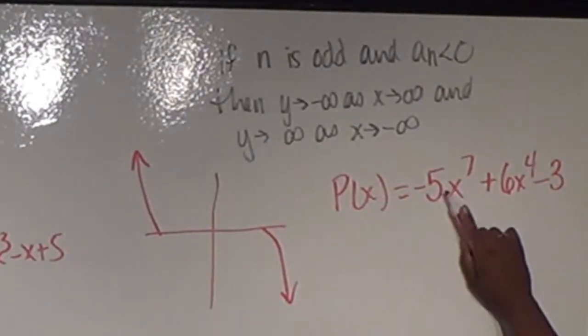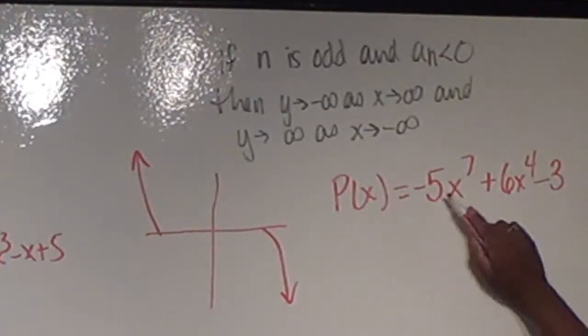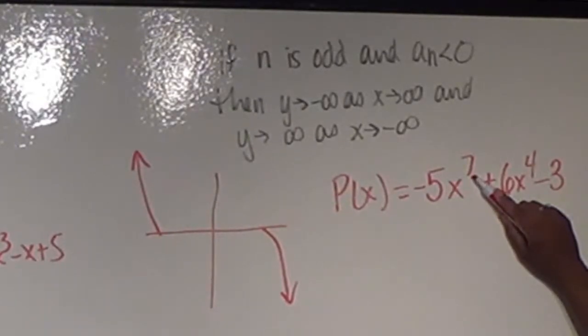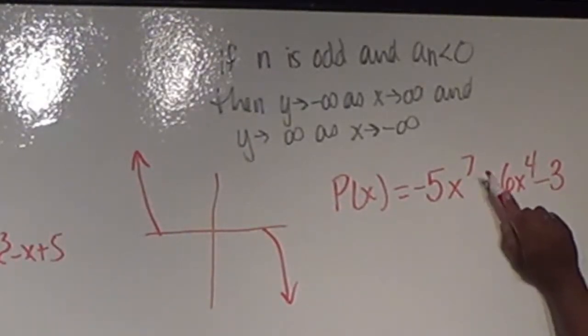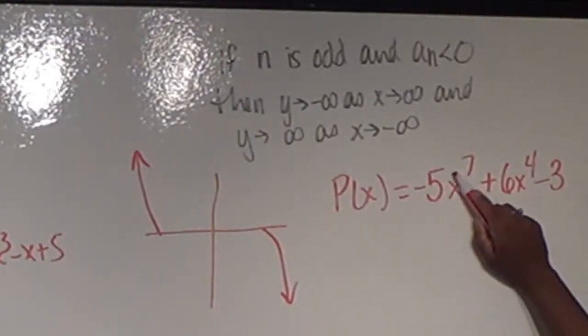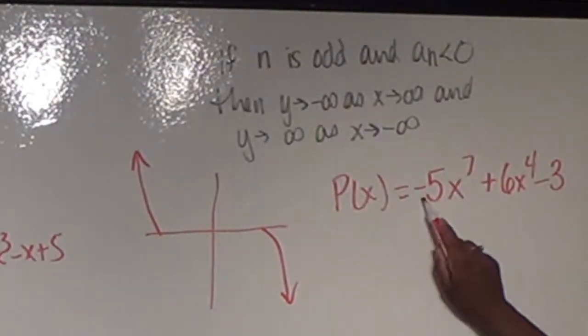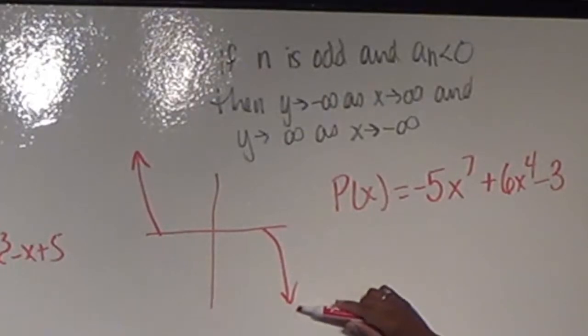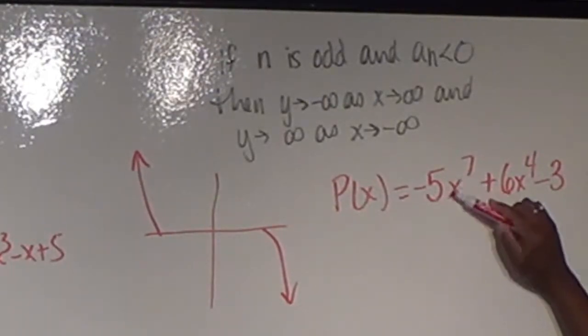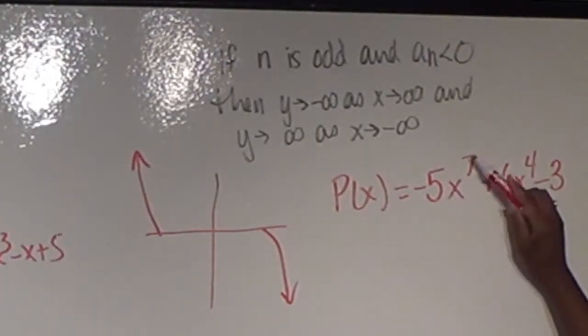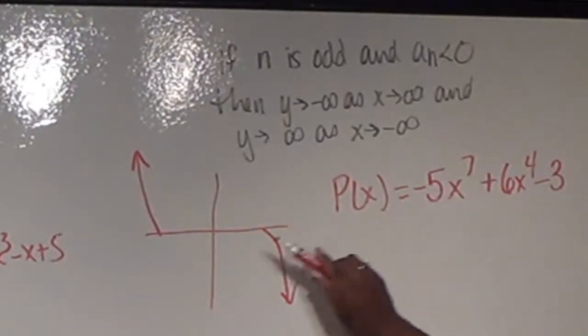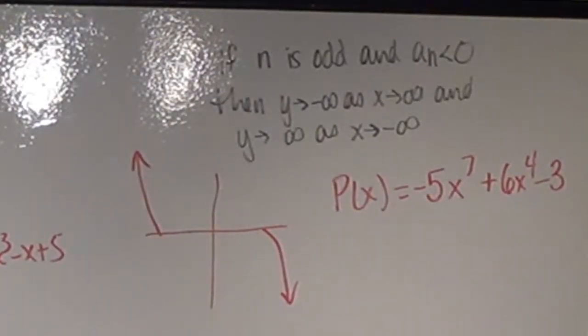Okay, so my leading coefficient is negative, and my degree is odd. So here, if I'm putting in positive x values, these are going to get more and more positive, but the negative 5 makes them become negative. And if I put in a negative x value, these are going to get more and more negative, but then multiplying by the negative 5 makes them become positive.